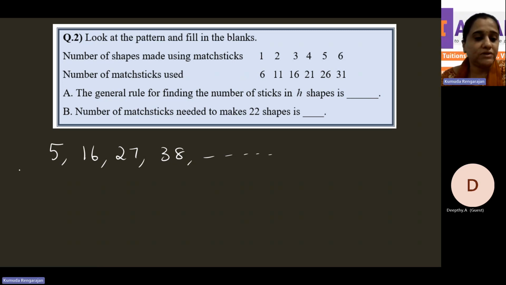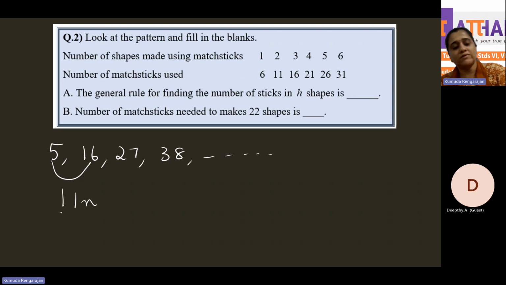Okay, no response from Deepthi. So the difference is, what is the difference, children? 11. And you should multiply that with n. What's the rule, Deepthi? Ma'am, I wasn't able to unmute my mic. 11n. Let me compare 11 by n. So 11 into 1 equals 11. Then 11 minus 5 equals 6. So it will be 11n minus 6. 11 minus 6 is 5. So 11n minus 6 is the rule.